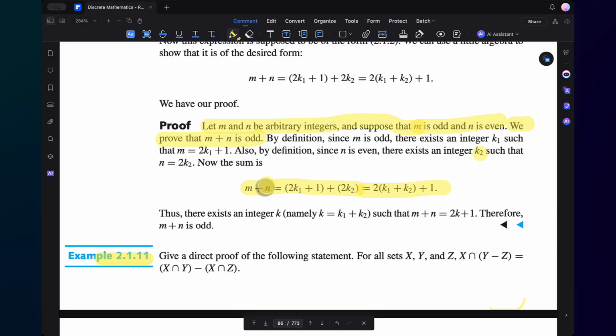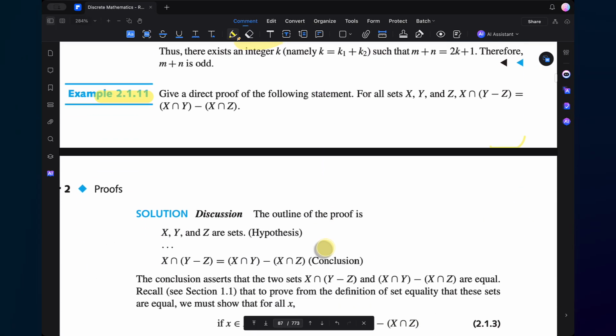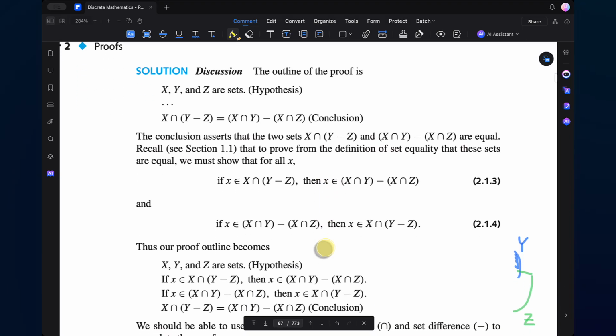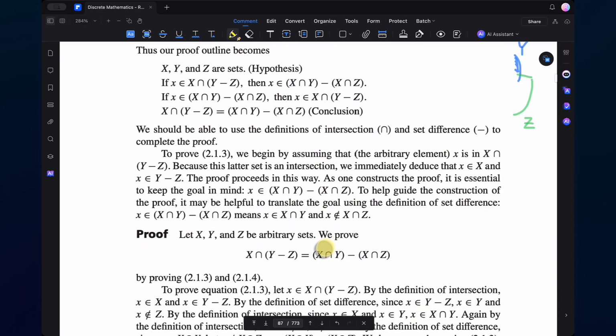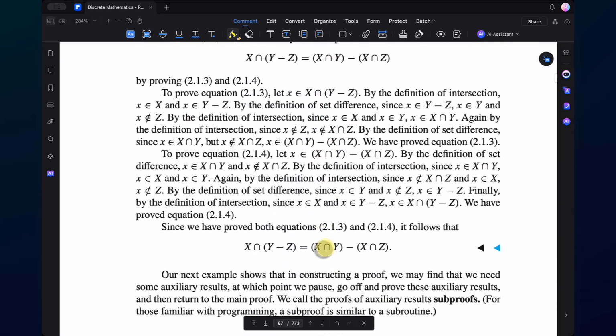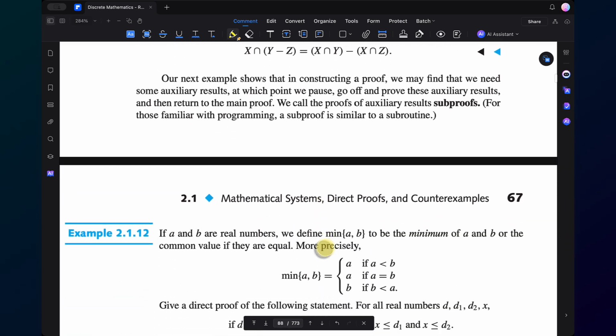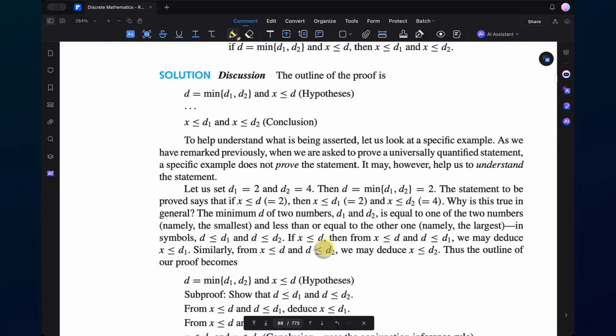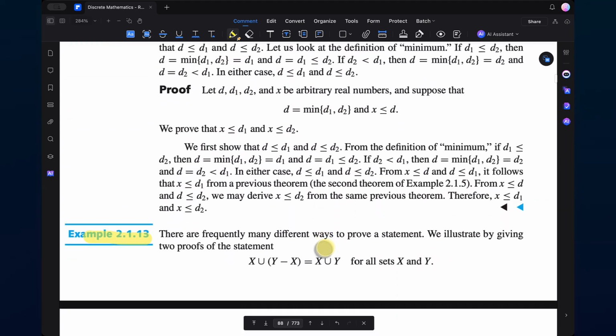That means m plus n is an odd integer because it's of the right form. So that's the idea of a direct proof, and there are other examples in your textbook that you can read through, but I just want to do one example for you.